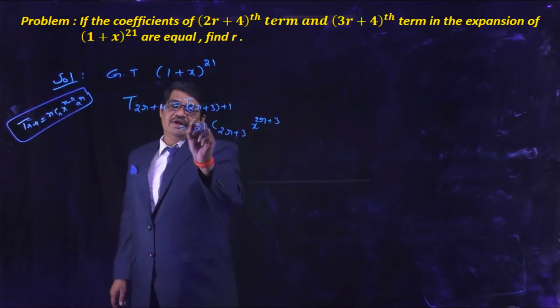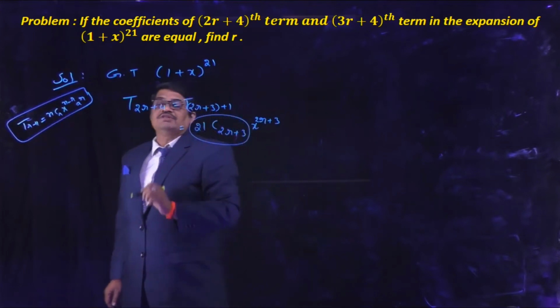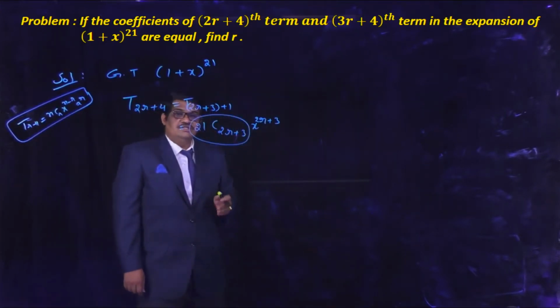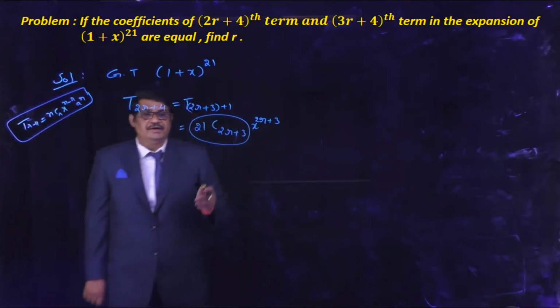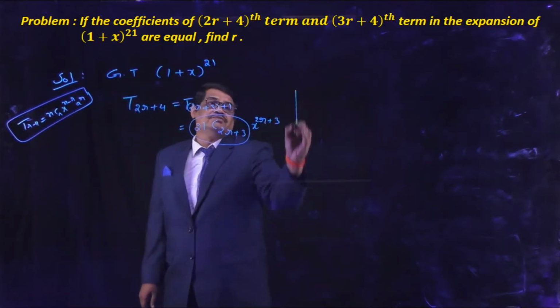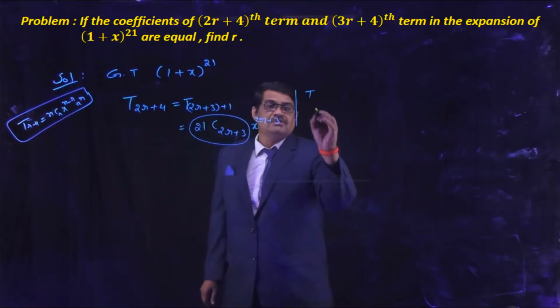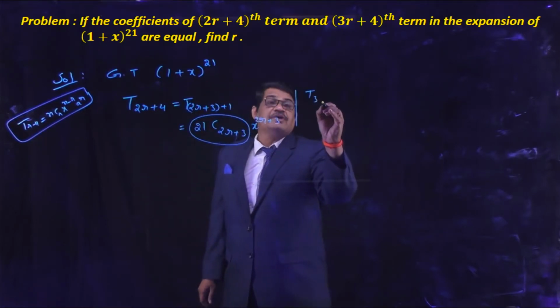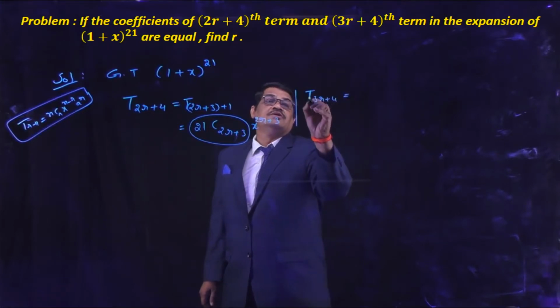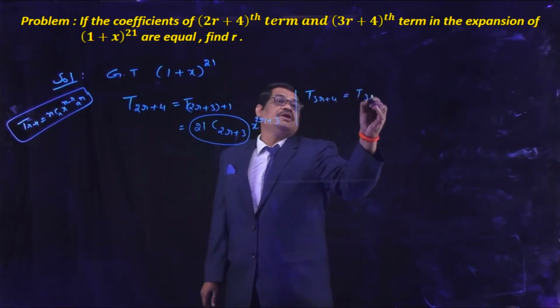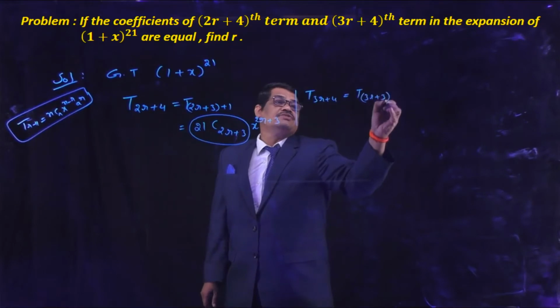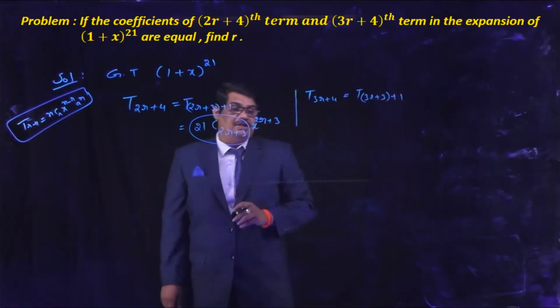Here we have taken the coefficient. So what is the coefficient here? 21C(2r+3). And what is next? The second term, that is the (3r+4)th term. Now we are writing here 3r+3+1. This 4 can be written as 3+1.